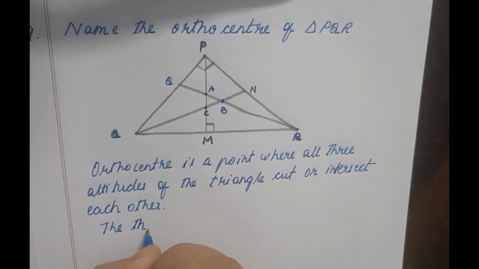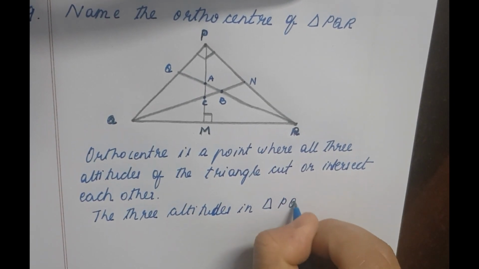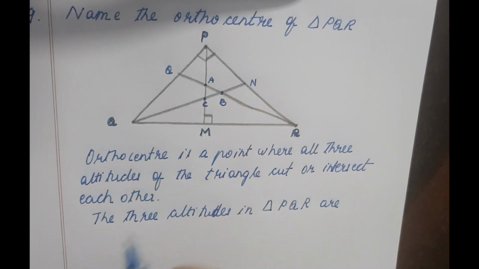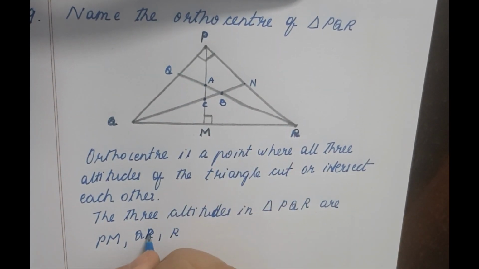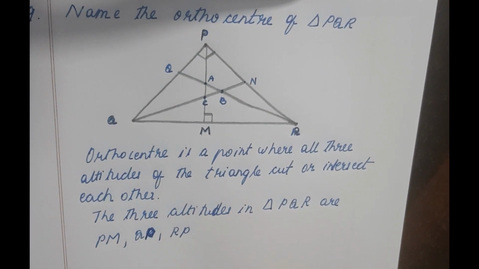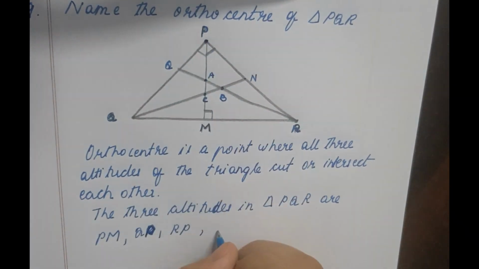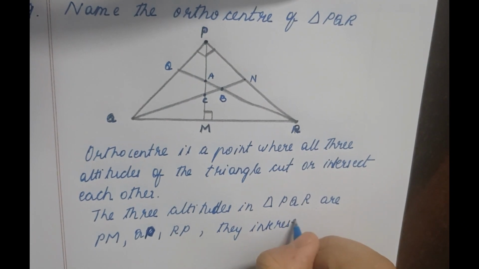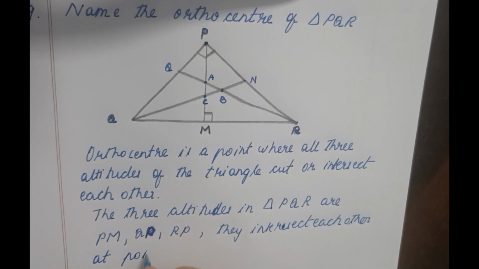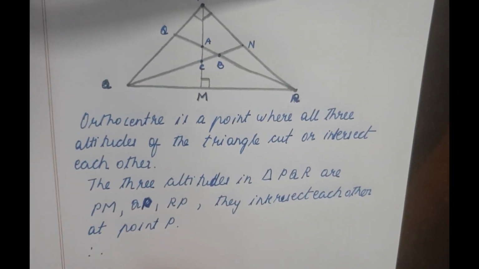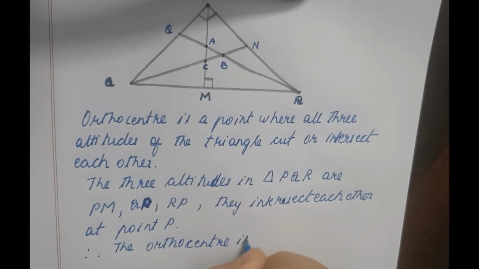The three altitudes in triangle PQR are PM, QP and RP. Now what is the common place where all of them intersect? They are intersecting at point P. They intersect each other at point P. Therefore, the orthocenter is P.